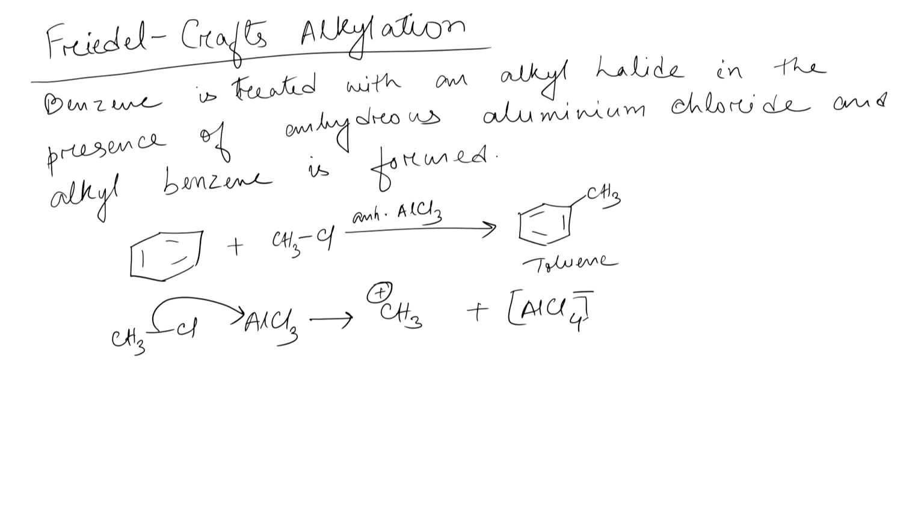Now, there is benzene. The pi bond of benzene will take up this methyl cation and it forms the methyl benzene.